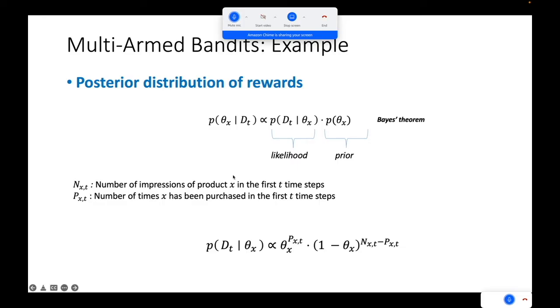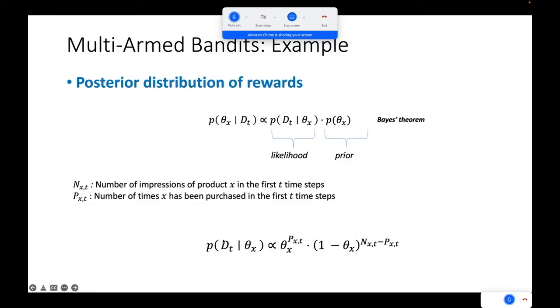Before that, we'll use some notations. Let n suffix x and t represent the number of impressions of product x in the first t time steps. P suffix x and t represents the number of times the product has been purchased within the first t time steps.